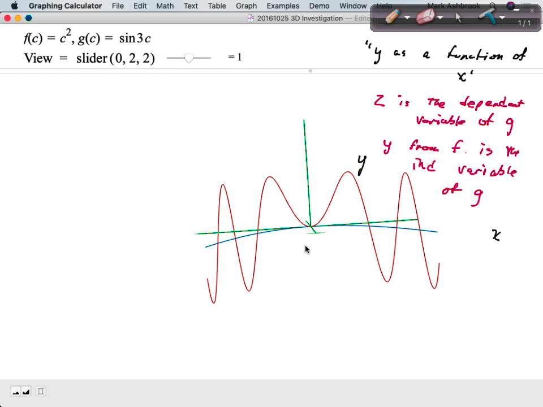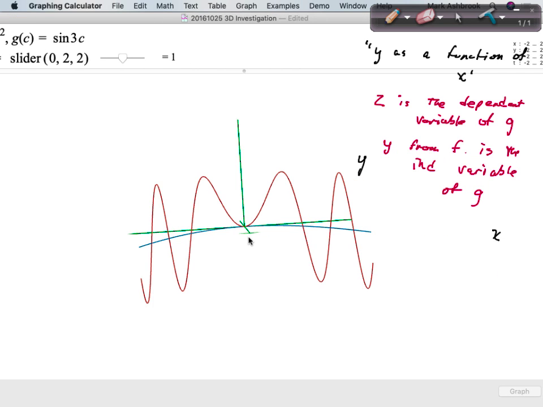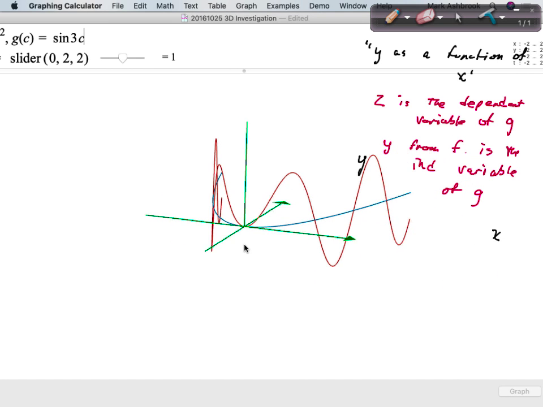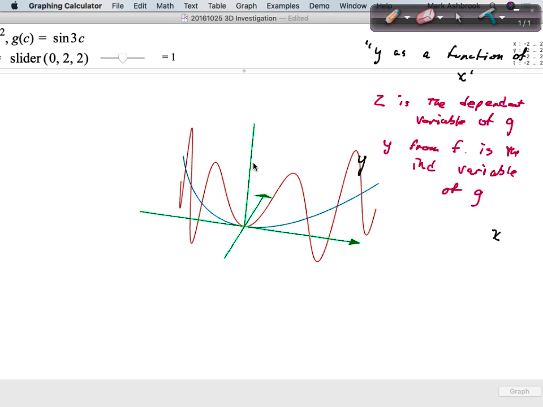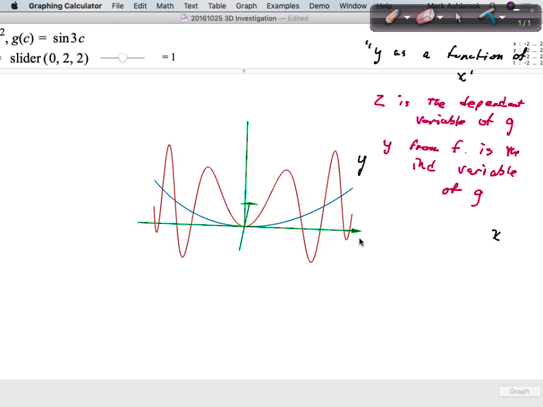What were you going to say, Veronica? But how do we know for sure that this is z as a function of y and not z as a function of x? There's a big clue here.